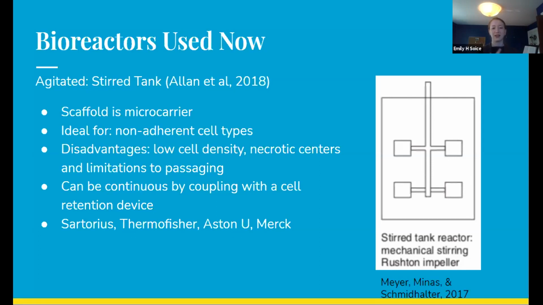So this is a sort of bioreactor that's most useful for non-adherent cell types, which, as we said, I guess 2 weeks ago now, muscle is not a non-adherent cell type, it needs to adhere to a scaffold in order to grow.